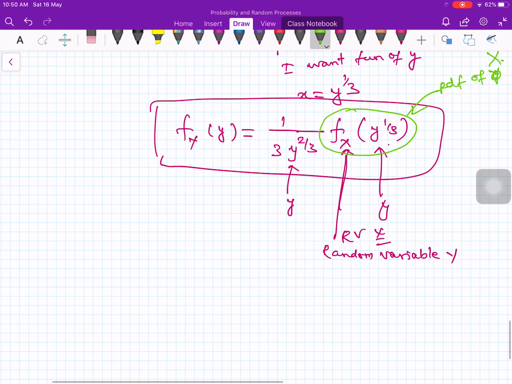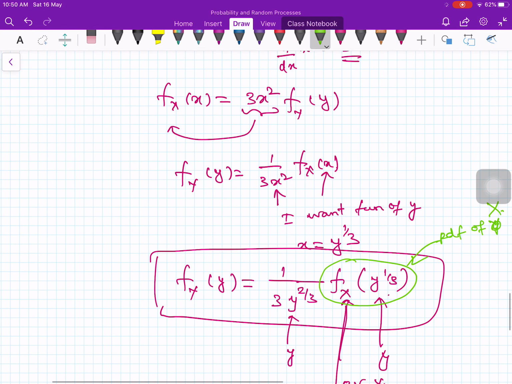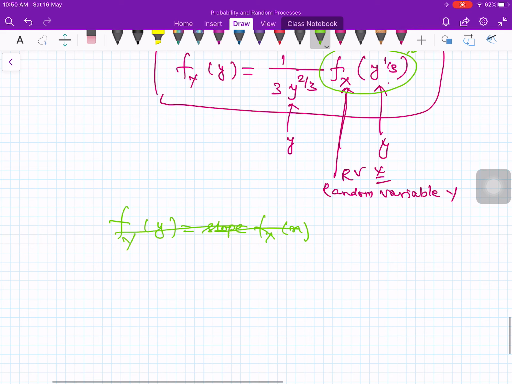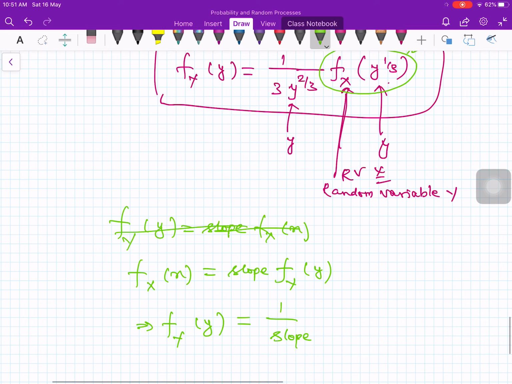So therefore the final formula is f_Y(y) is equal to slope times f_X(x). Am I correct? No, this is wrong. Actually, f_X(x) is equal to slope times f_Y(y). Therefore f_Y(y) is equal to 1 by slope times f_X(x).